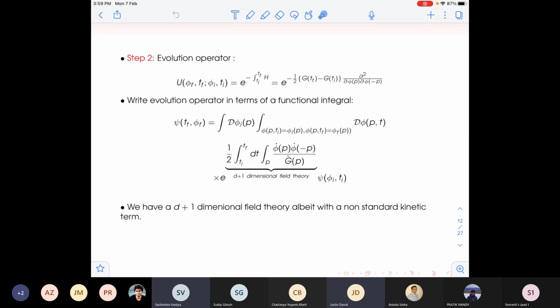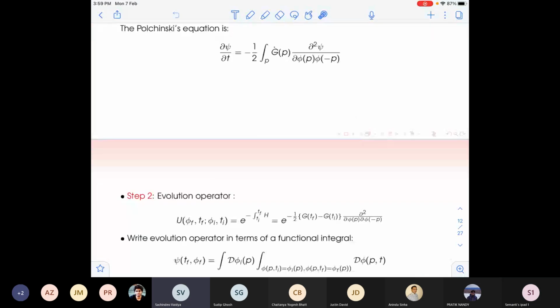Even the first equation requires a little bit more explanation, I think. So you're evolving from an initial scale Ti to a final scale Tf. Is that right? Yes.